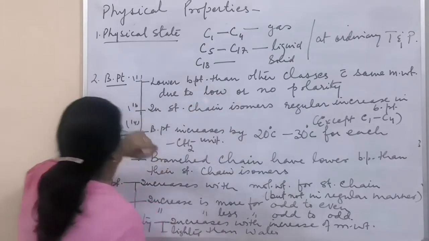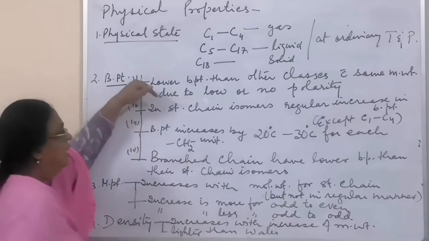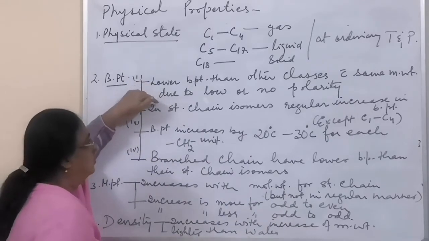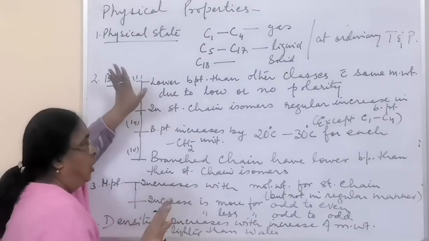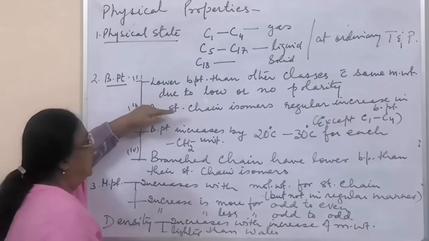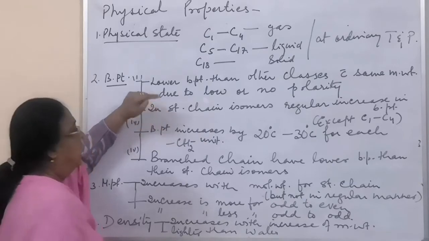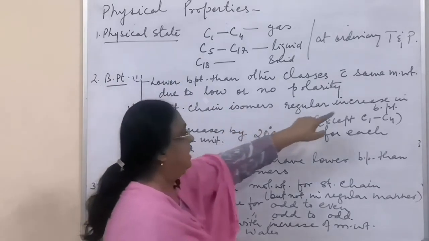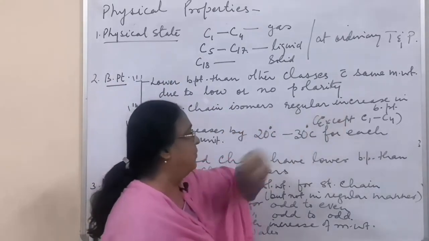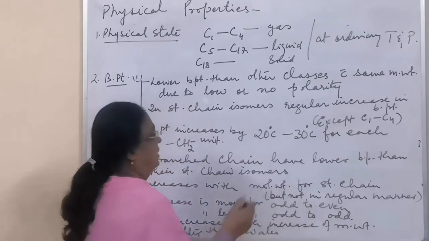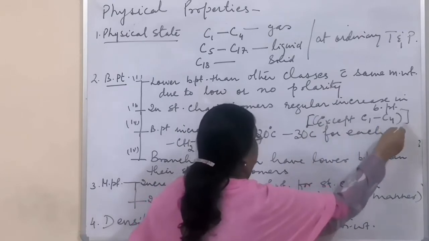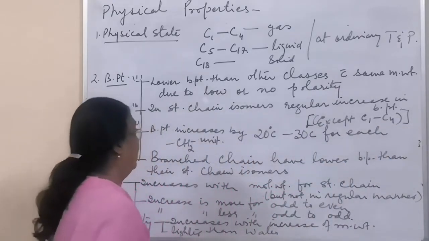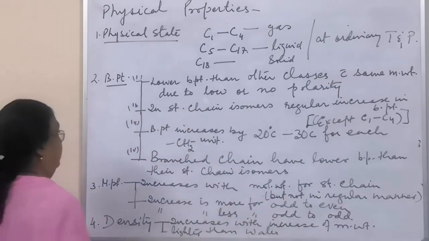So remember that point. Second is, in straight chain isomers, when alkanes have a straight chain, not branching, there is a regular increase in boiling point. But carbon 1 to 4 are exceptions. There is no regular increase in their boiling point, although they may have the straight chain.